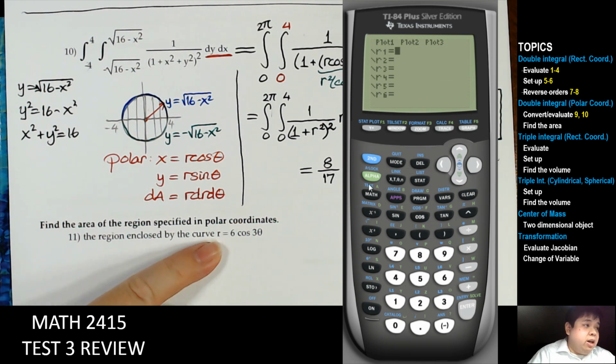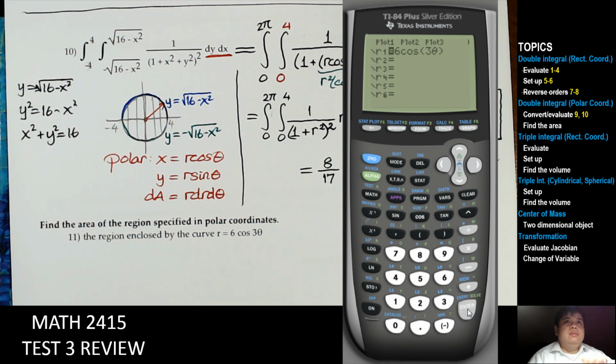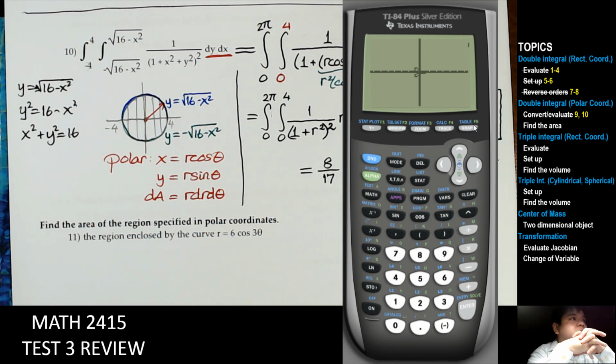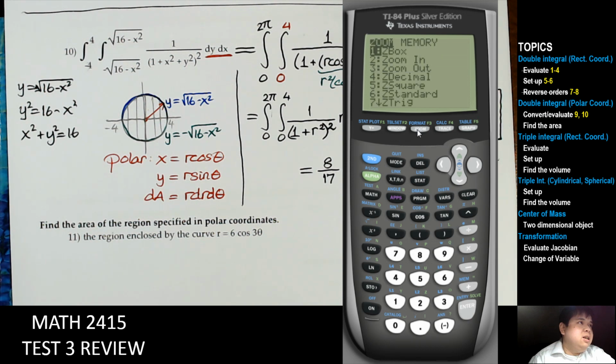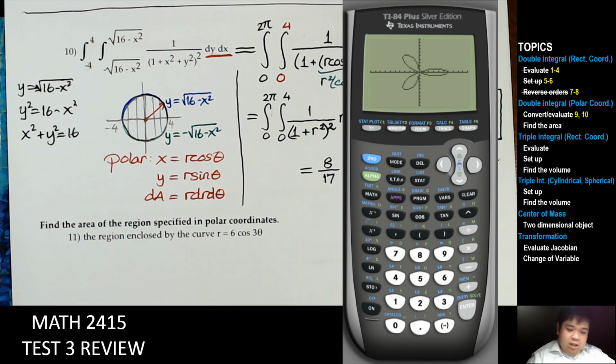So let's graph r equals 6 cosine of 3 theta. Right. See the graph. Too small. Let's zoom in. That's number 6, the standard graph. Right. So we have that.